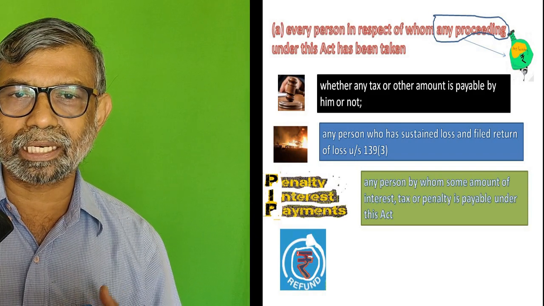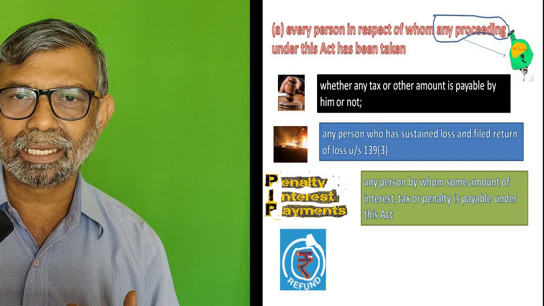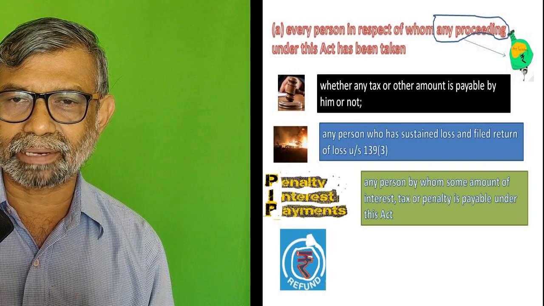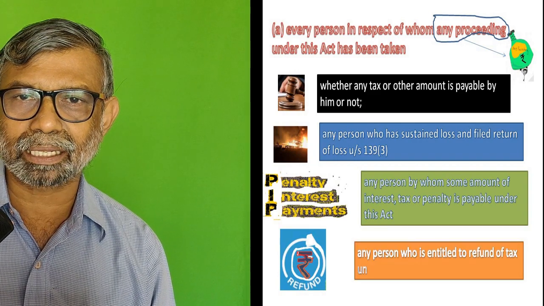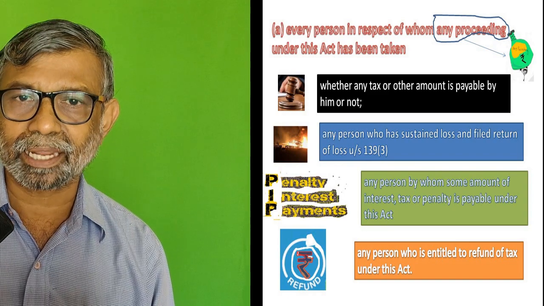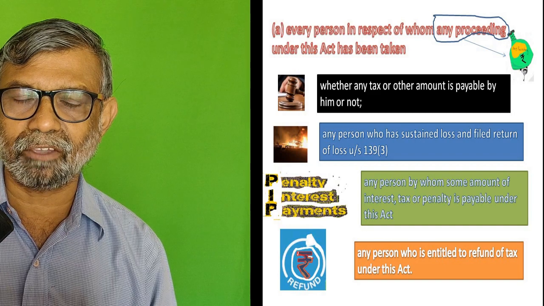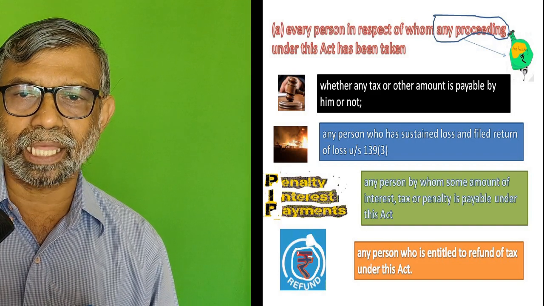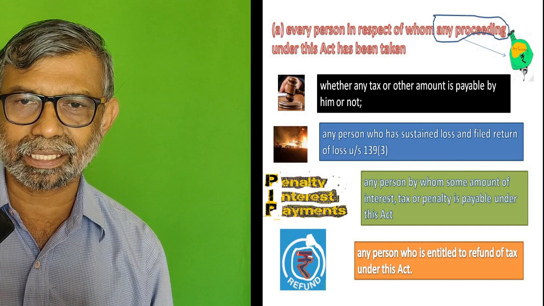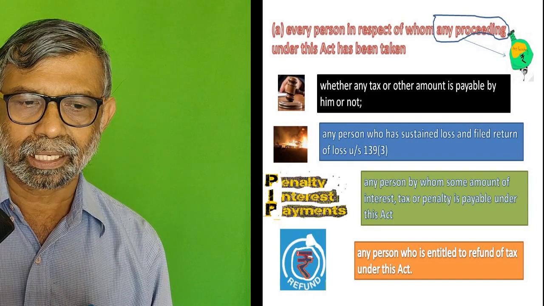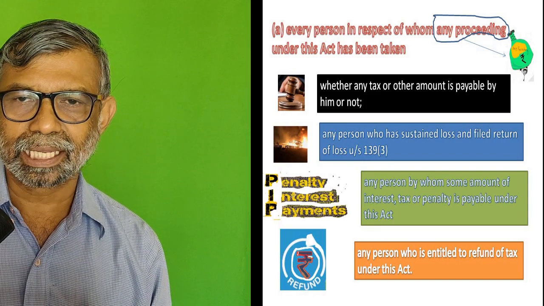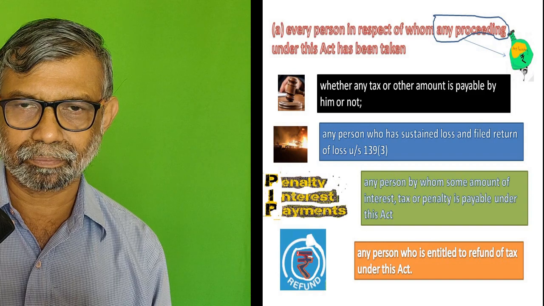So 10,000 is extra in the hands of the income tax department. So the income tax department needs to give you back that money. So that's called a refund. So if you have to get some refund from the income tax department, then you are also called an assessee. Okay, समझ गया.